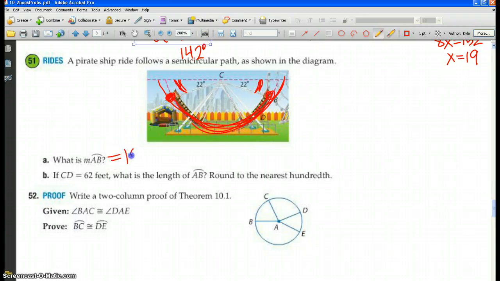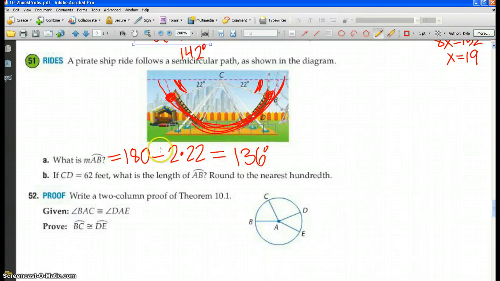So this would just be 180 minus 2 times 22, which comes out to be 136 degrees.